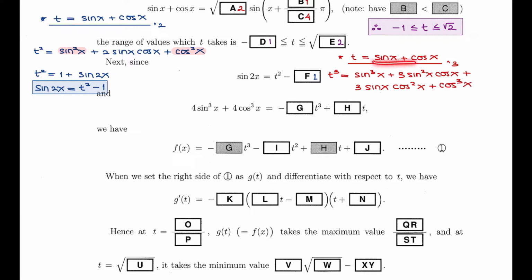After I expand this expression to the power of 3, this is the result. I want to find sine cubed plus cos cubed. So the one that I want to find is sine cubed plus cos cubed. So the other terms here must be expressed in terms of t.